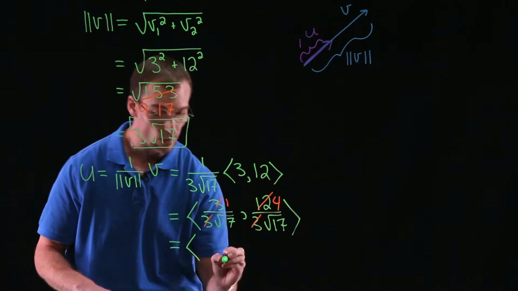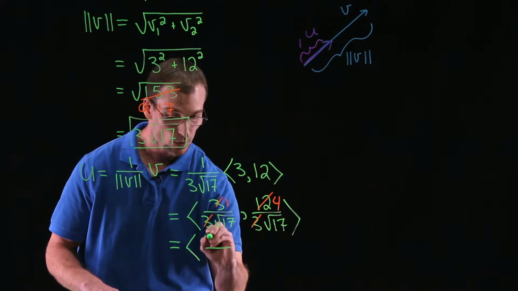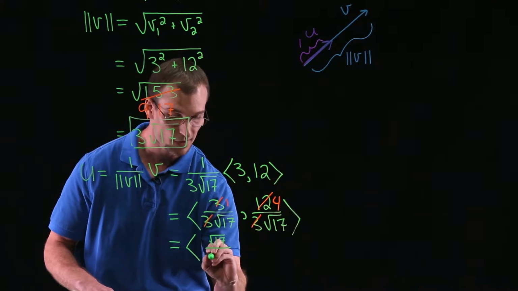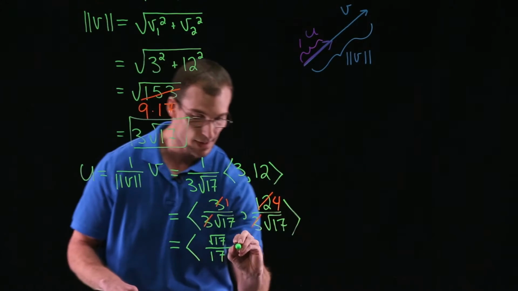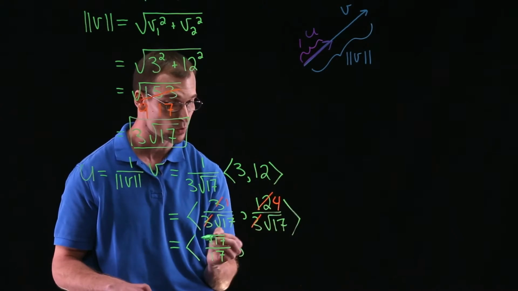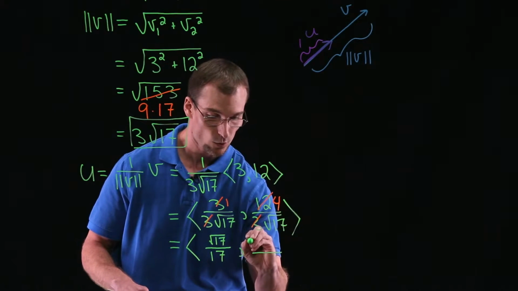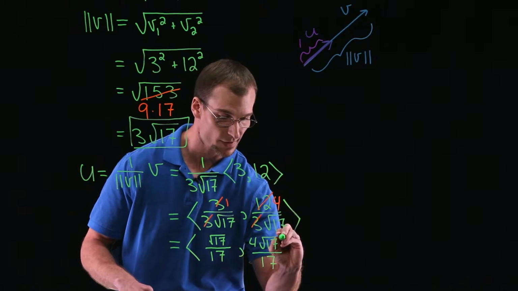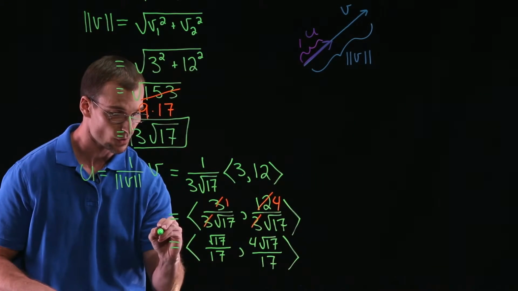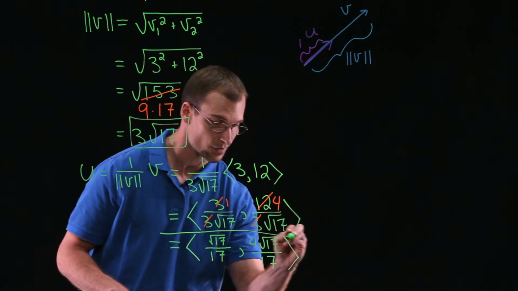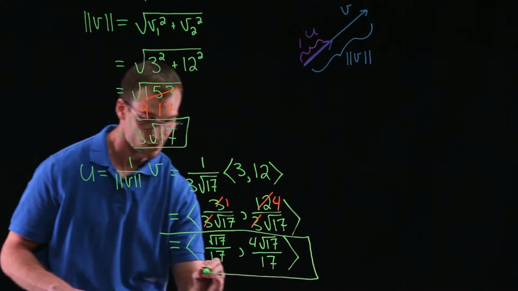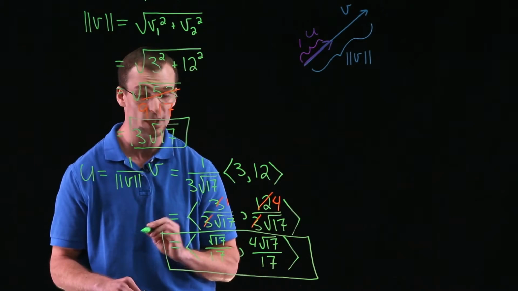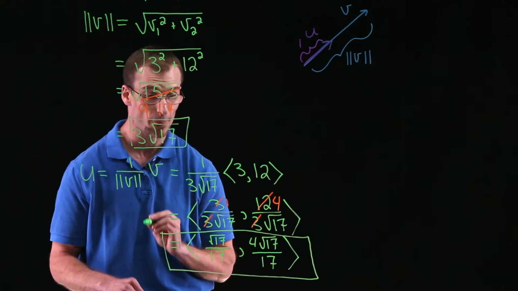So 1 over the square root of 17 becomes the square root of 17 over 17, and 4 over the square root of 17 becomes 4 times the square root of 17 over 17. That gives us our unit vector u, which has length 1, which we're going to show in a moment, in the same direction as v.